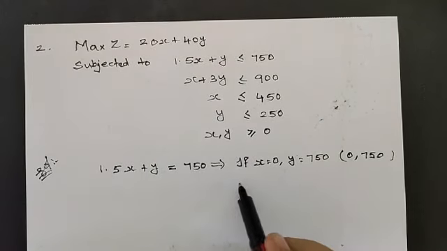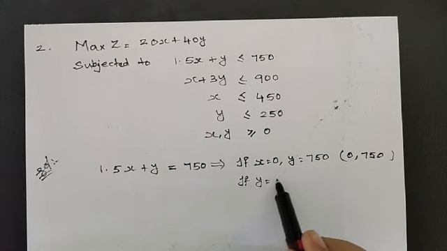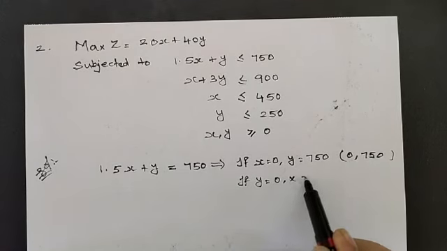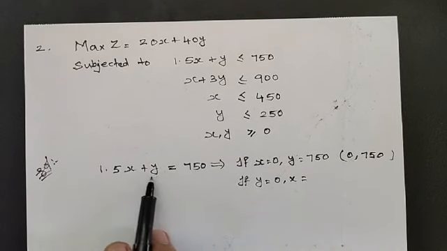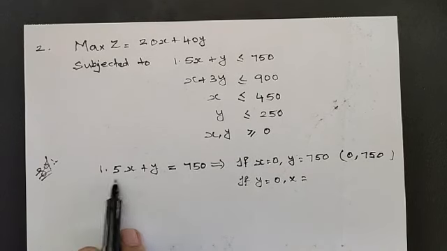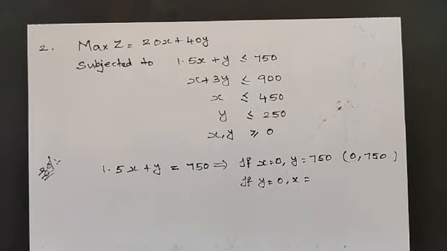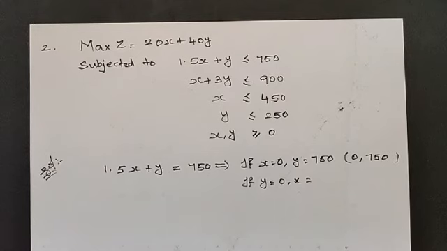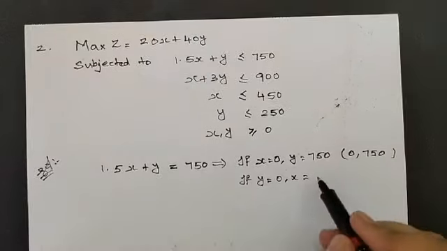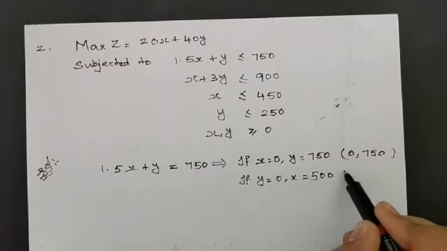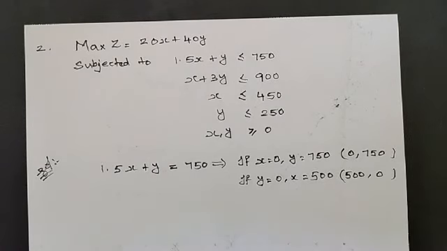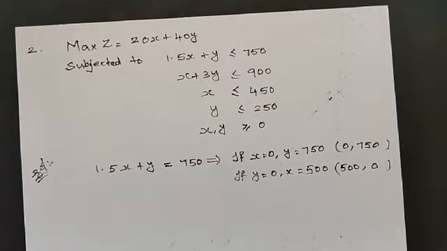Next, if y is equal to 0, then 1.5x is equal to 750, so the value of x is 750 by 1.5, which is equal to 500. So the vertex is x value 500 and y value 0. That is about the first constraint.